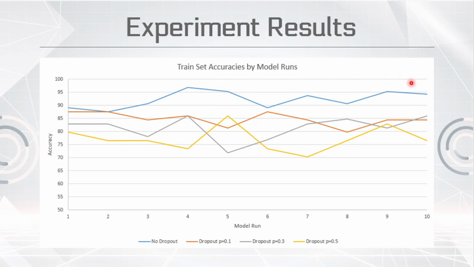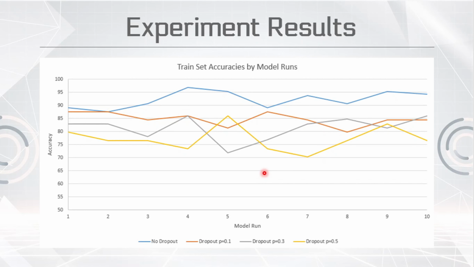As we said, when there is no regularization, overfitting is more likely, and as a result, we have the highest training set accuracy for the model without any dropout. And as we use more dropout, here the p-value is the proportion of the neurons which are set to zero. When we have the highest proportion, which is 0.5, we can observe the lowest train set accuracy, which means that when you increase the dropout, you will get lower values for the train set.